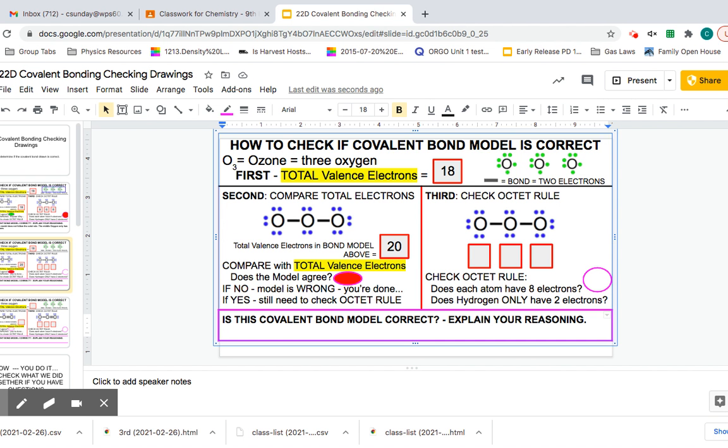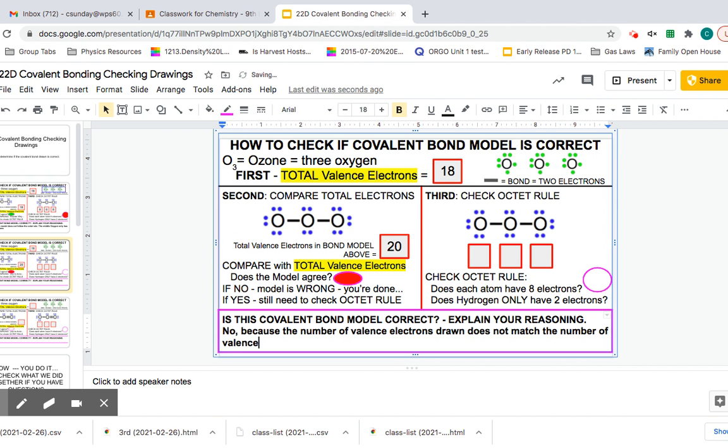The model is wrong. So is this model correct? No. Because the number of valence electrons drawn does not match the number of valence electrons from above.